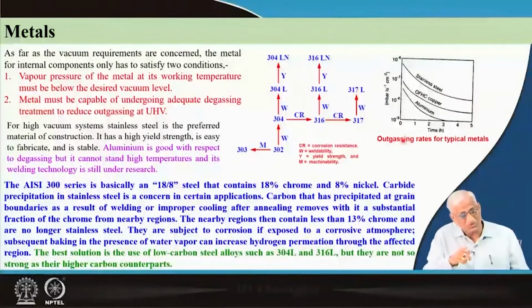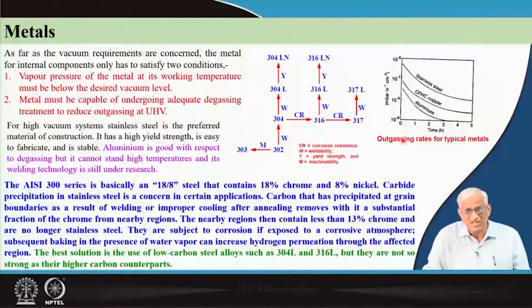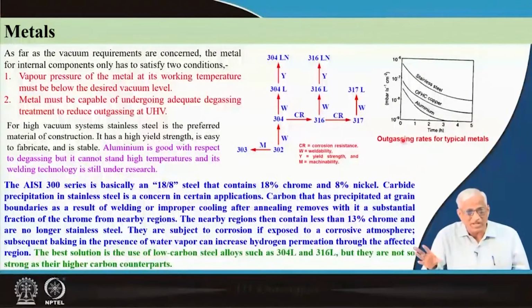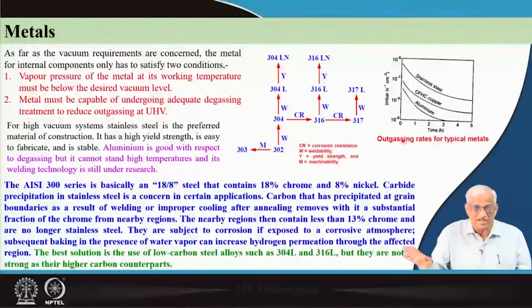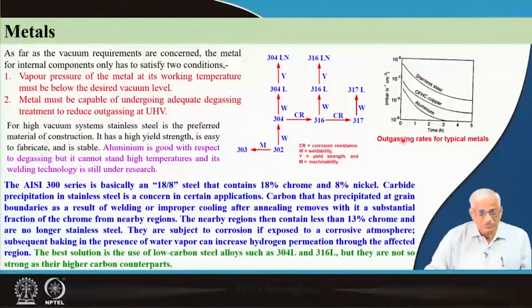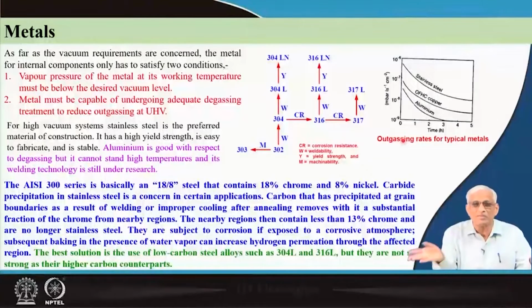But if you are able to degas it fast, using ion beam etching or infrared light or baking, or purge it with a gas, clean it, then start your application. So, it should be possible to degas it easily also. First, it should not have too much gas content. Even if it is there, we should be able to remove it. Under vacuum, if you remove it, there will not be gas again.